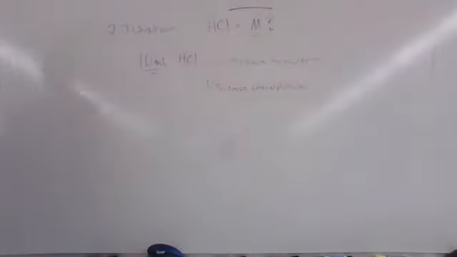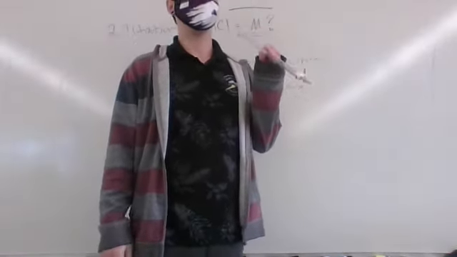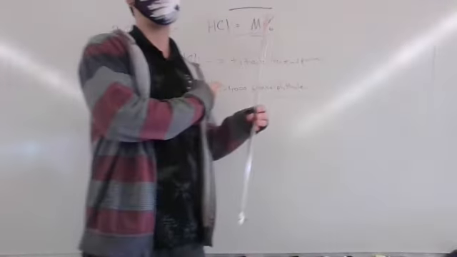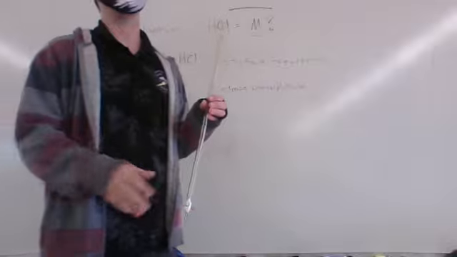Okay, we kind of did a titration before with the burette, right? But we did an oxidation-reduction one. This is an acid-base titration. We did one with the hydrogen peroxide.